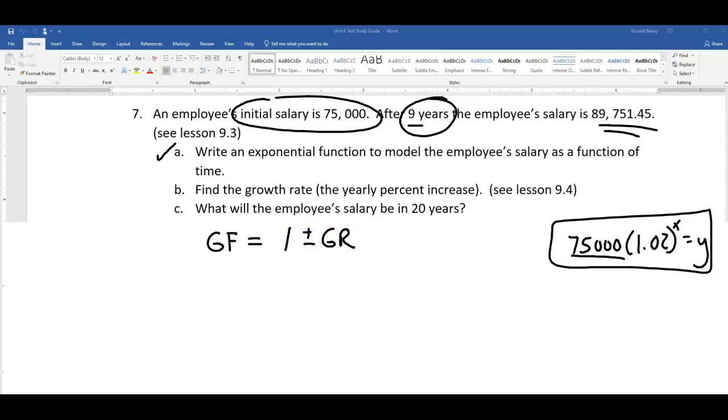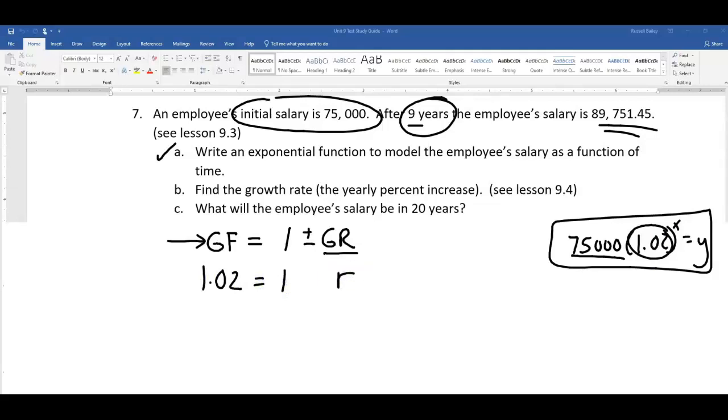Okay? So I'm looking for the growth rate right now, but I know my growth factor. My growth factor is this number here in parentheses. And I'll just call the growth rate R for now.